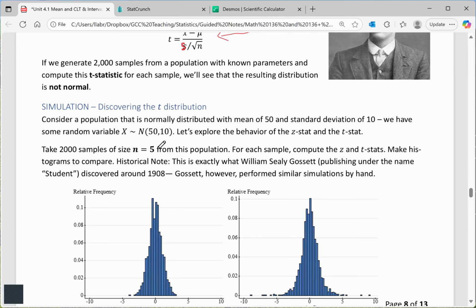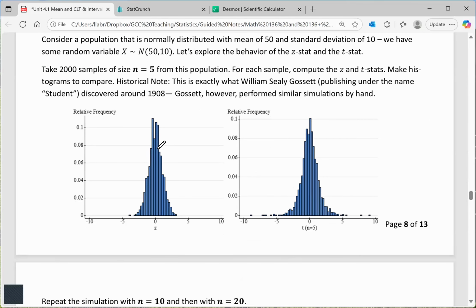I take the sample mean, x bar, subtract the center, which in our case is 50, and then divide by the variability, which on the left-hand side is sigma, which is 10, divided by the square root of my sample size, which is 5. This basically says how many standard deviations your sample is from the true center of 50. You get the following distribution.